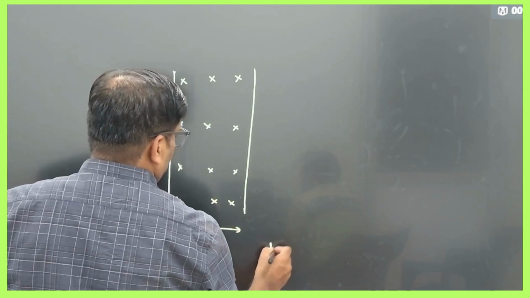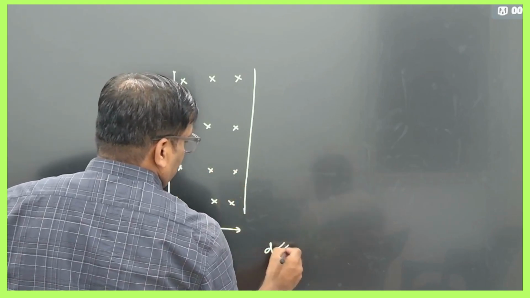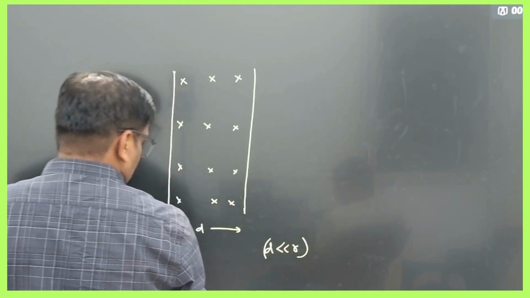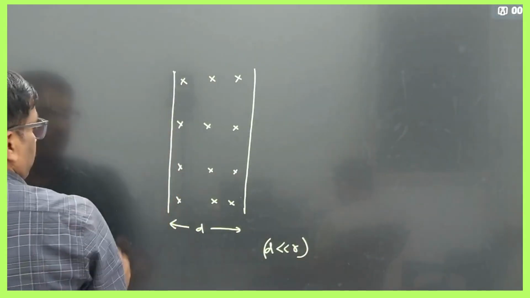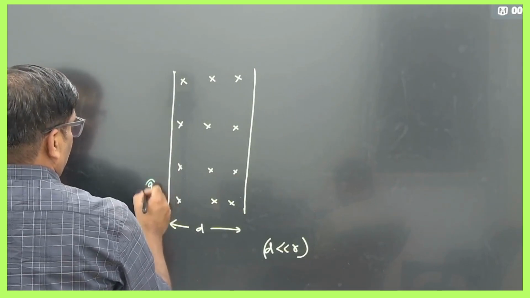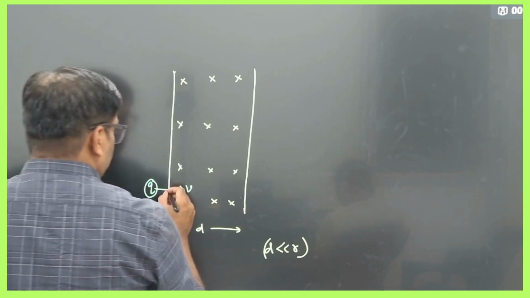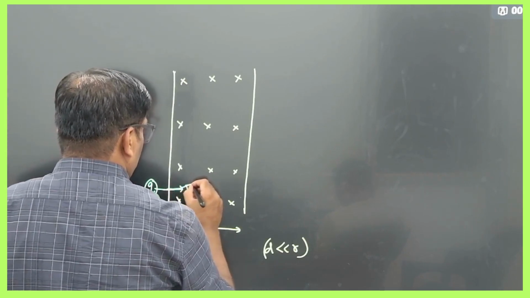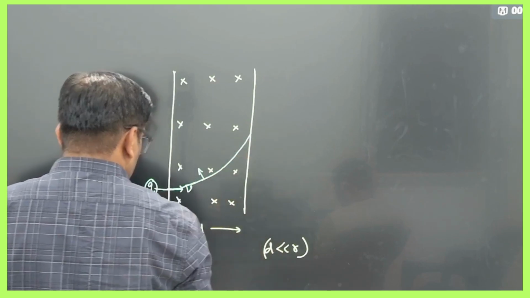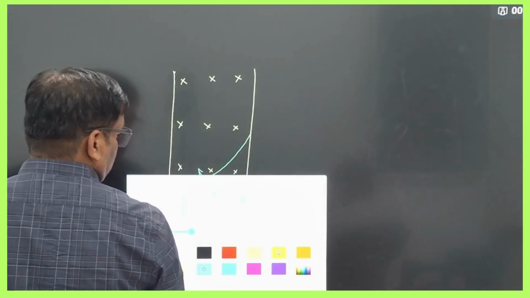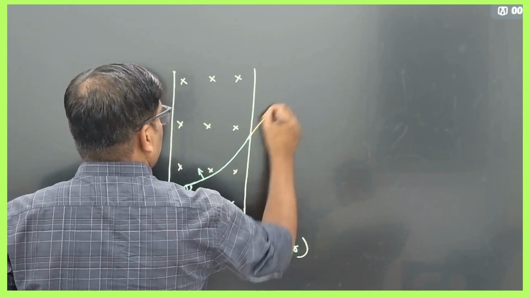So this distance D is less than the radius of our particle. Now if the particle enters here with a certain speed, what will happen? It is going to experience a force here, and when it comes to here, it is going to exit out, right. So it is going to come out.